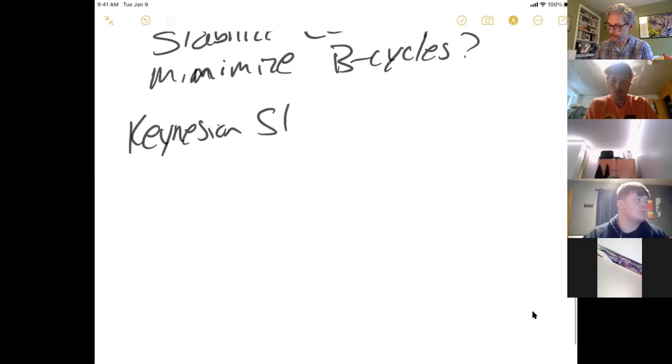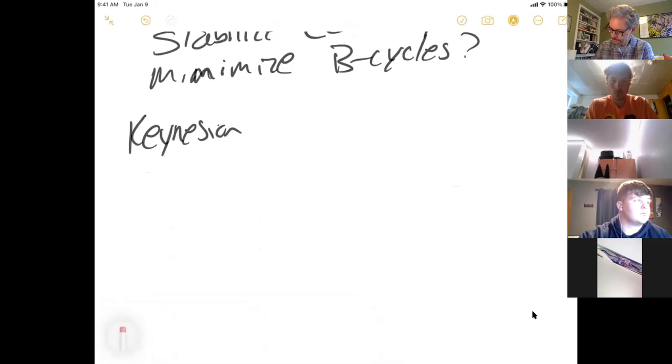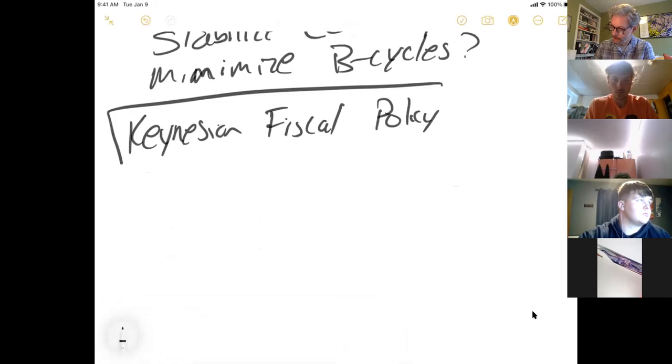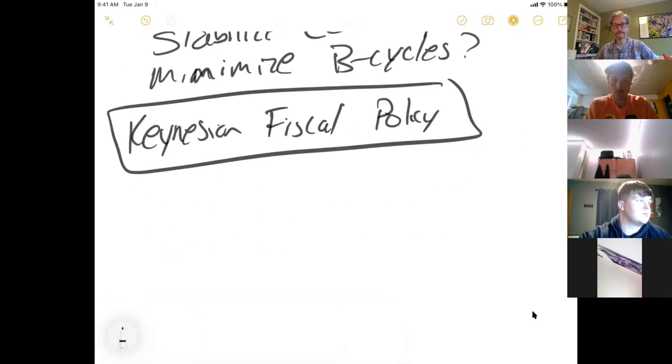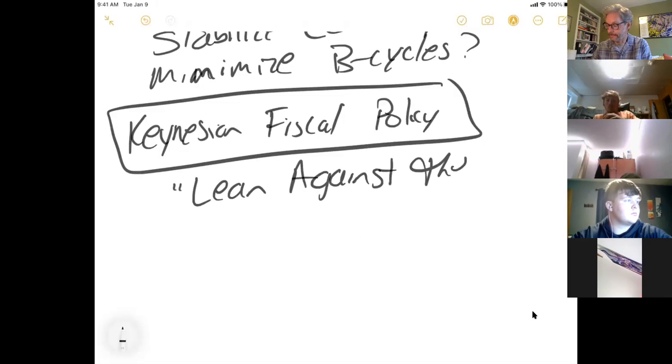So let's talk about Keynesian fiscal policy. When we think about Keynesian fiscal policy, oftentimes economists use this phrase because I think it's kind of a descriptive phrase about what policy should be doing during a recession, is that we want policy to lean against the wind.